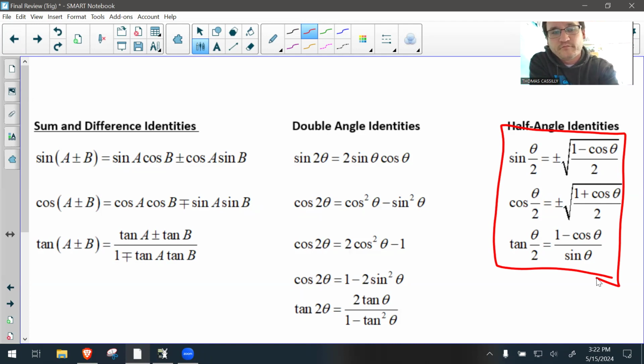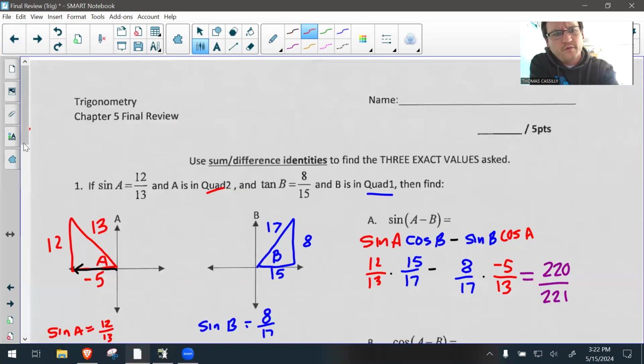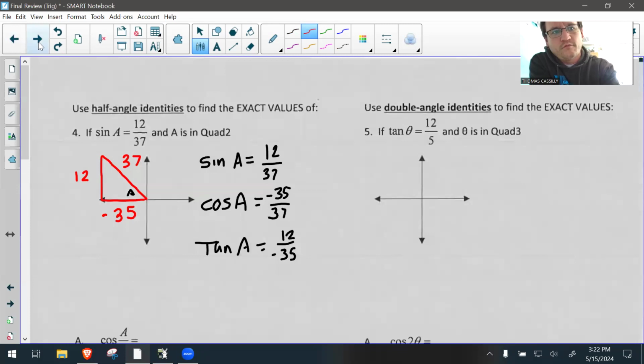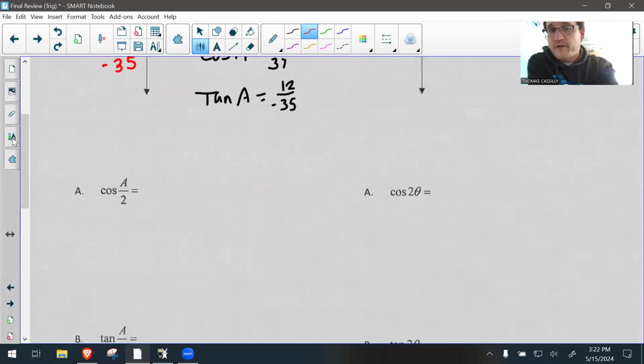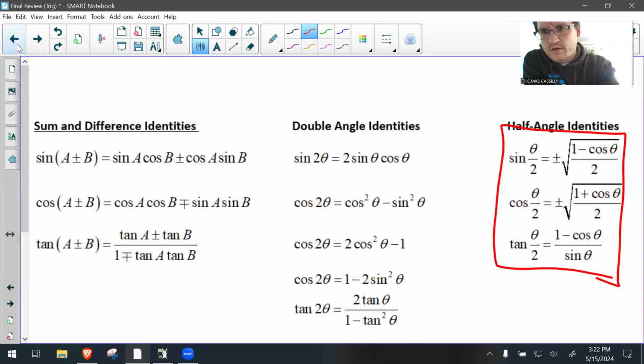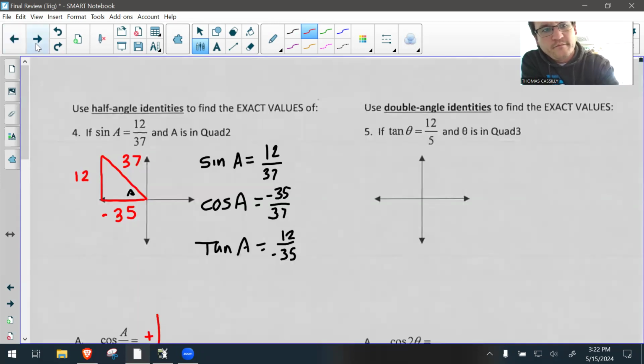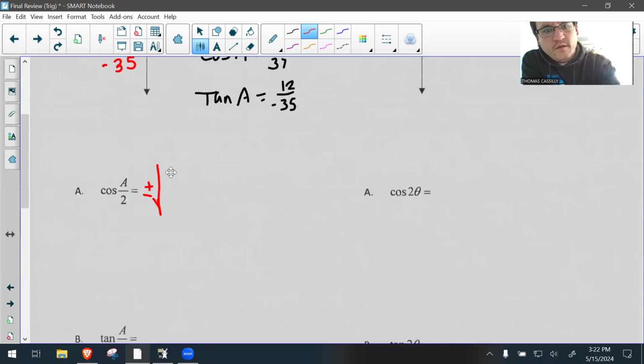The cosine of A over 2 in this case is going to be equal to plus or minus the square root of, I forgot, I think it's 1 plus, but I could be wrong. It is, it's 1 plus the cosine of angle A, all over 2.